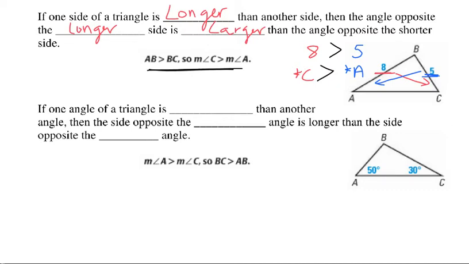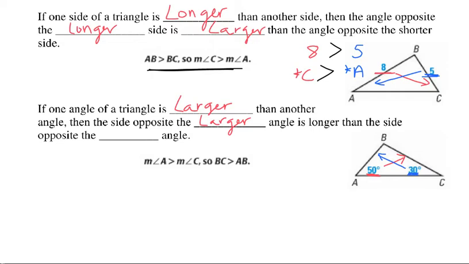If we start with the angles instead right here, then we can say something about the sides that are across from them. So in a triangle, if one angle of a triangle is larger than another angle, then the side opposite the larger angle is longer than the side opposite the smaller angle.